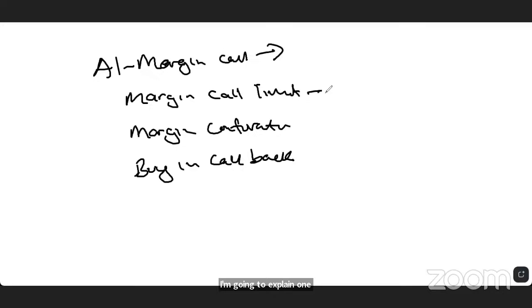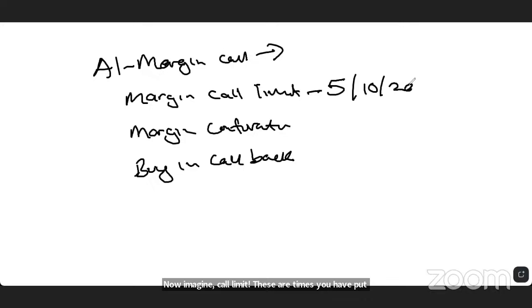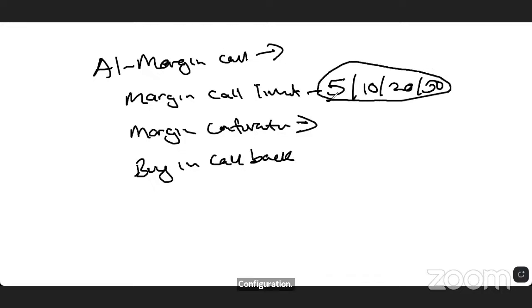Now, margin call limit, these are times you have put a 5, another one puts a 10, another one puts a 20, a 50, like that. Configuration, I decided to put 10 margin calls, or I decided to put 7, or I decided to put 8. How should my robot buy these 7? How should my robot buy this 20?